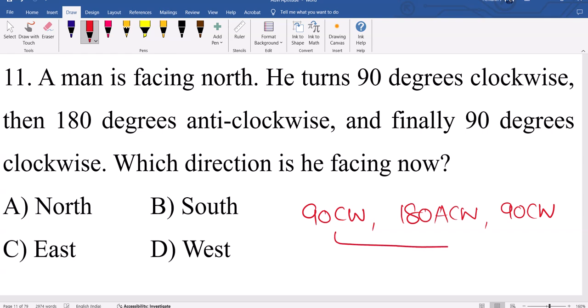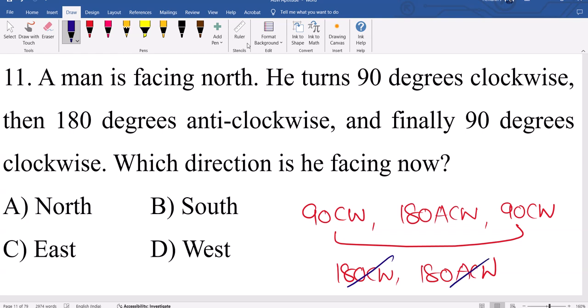See 90 and 90, as it is clockwise, we can add. 180 clockwise, 180 anti-clockwise, opposite, we can cancel. Means initially whatever the point, the answer should be the same. There is no change.